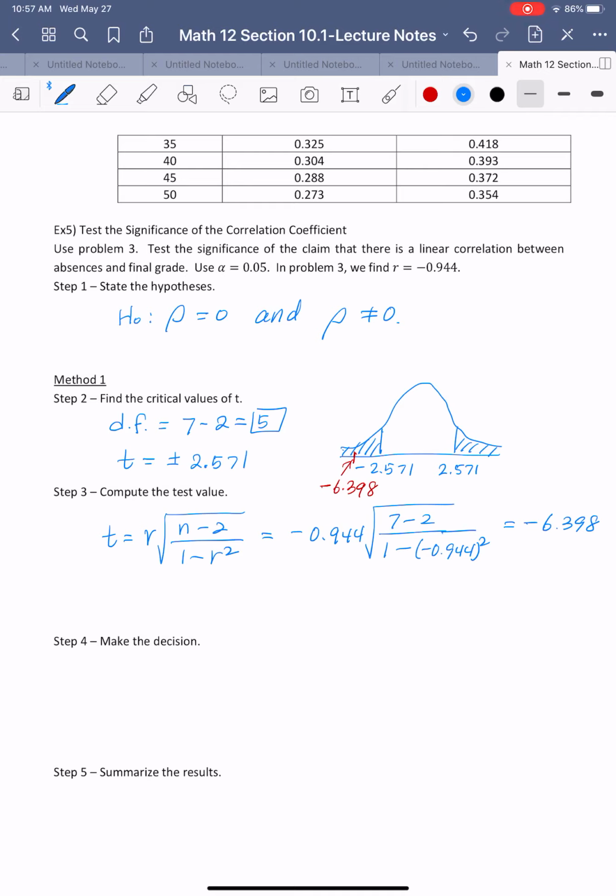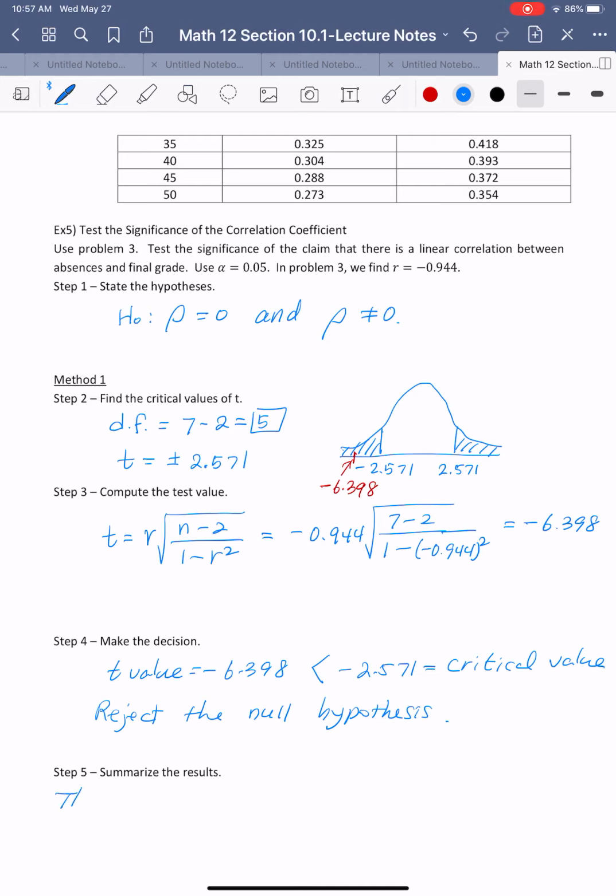Now can you conclude in step 4? The t value is negative 6.398, which is less than negative 2.571, the critical value. That's why we need to reject the null hypothesis, because it falls into the critical region.